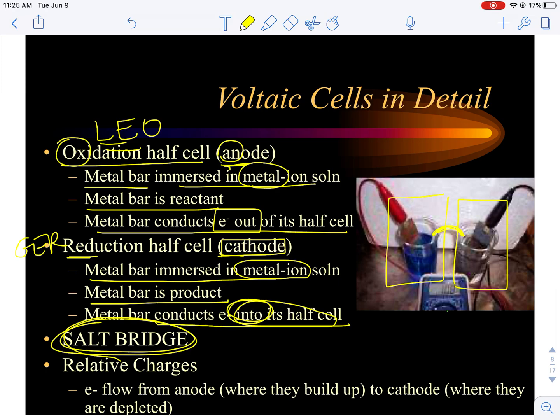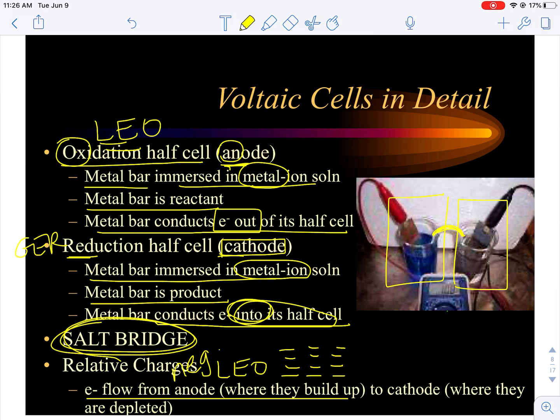To figure out what the relative charges are, well, the electrons are going to flow from the anode where they build up because that's where we're losing electrons in oxidation. If electrons build up, electrons have negative charge. So if those negative charges are building up, the anode is going to be negatively charged.